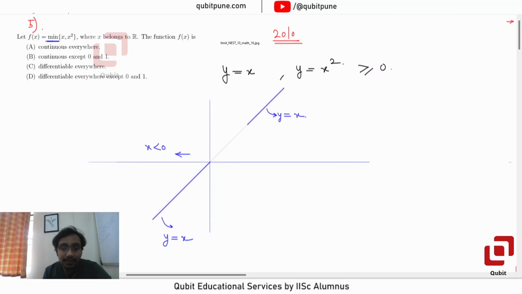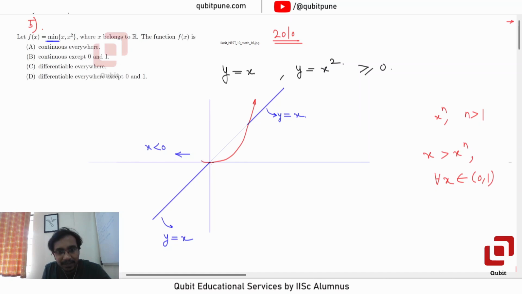But when it comes to y equal to x squared, I have told you many times that when n is greater than 1, then x always remains greater than x raised to n for all values of x in the open interval 0 and 1. So be it x cube, x squared, x raised to 1.1, all of them will be below that. So this will be the parabola.